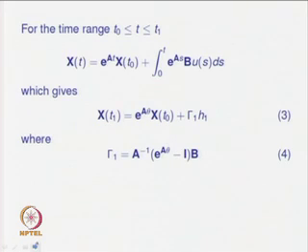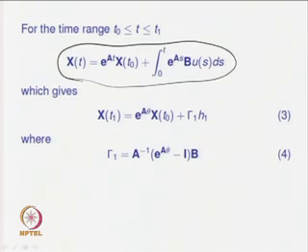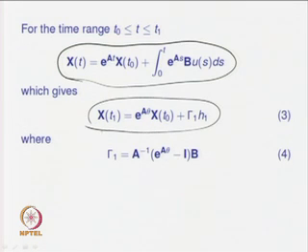Now, using analysis and the state equation, the solution for which is given in this form, it is possible to obtain the solution as x(t1) is equal to e to the power A theta x(t0) plus gamma 1 h 1, where gamma 1 is equal to A inverse (e to the power A theta minus I) B. What is I?